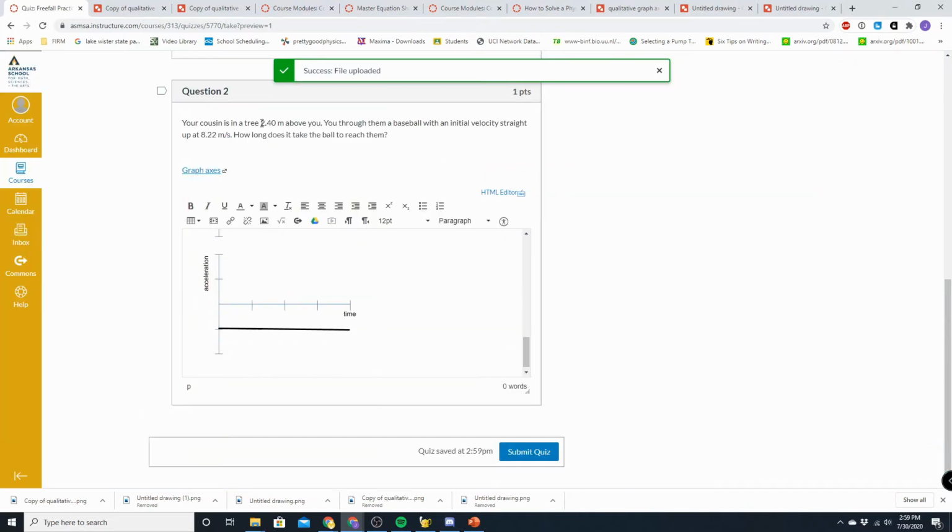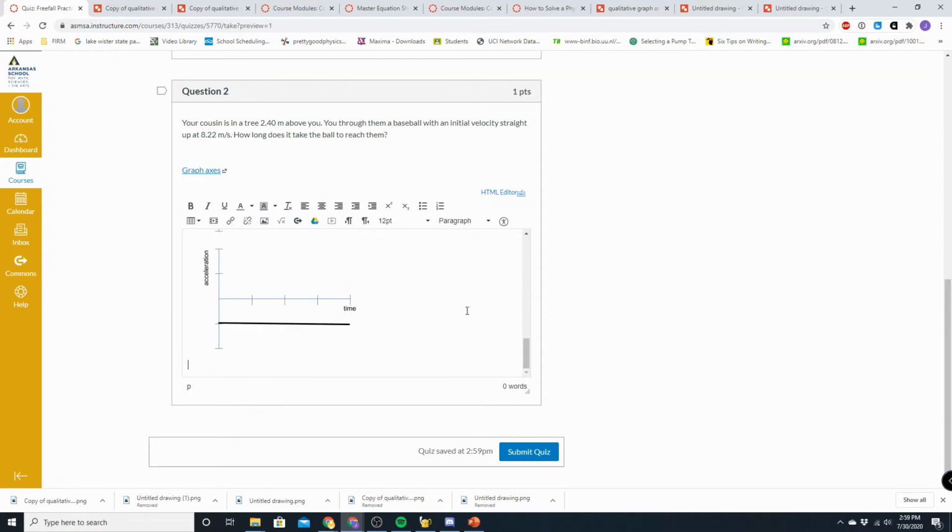Okay, so once we have the picture with the coordinates and the graphs, now's the time to make our table of known values.